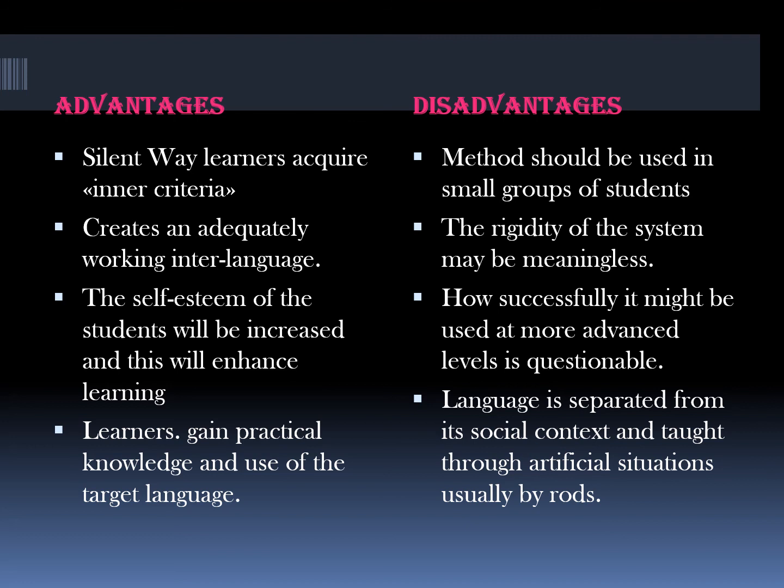The self-esteem of the students will be increased and this will enhance learning, whereas the demerit is that at an advanced level, it can sometimes be questionable. Learners gain practical knowledge and use of the target language, and the disadvantage is that the language is separated from the social context and taught in artificial situations, which sometimes cannot be acceptable for the learners.